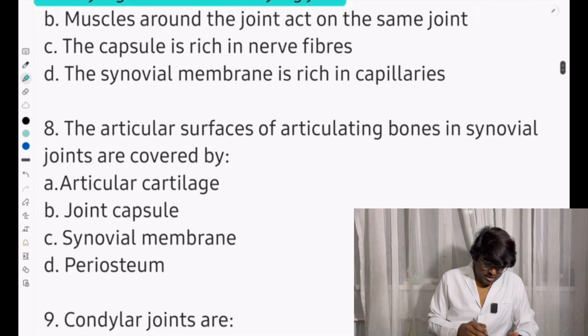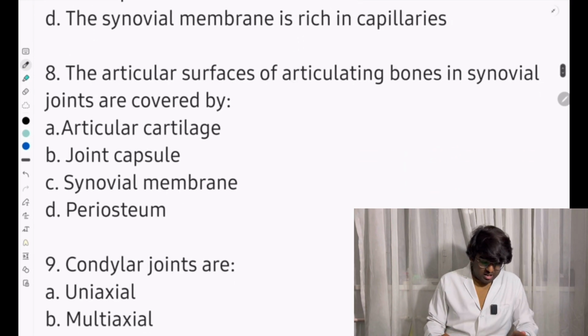So next one: the articular surfaces of articulating bones in synovial joints are covered by?